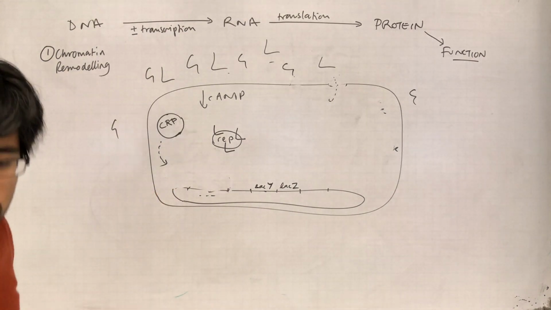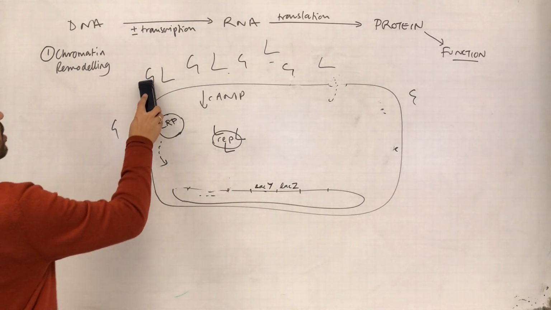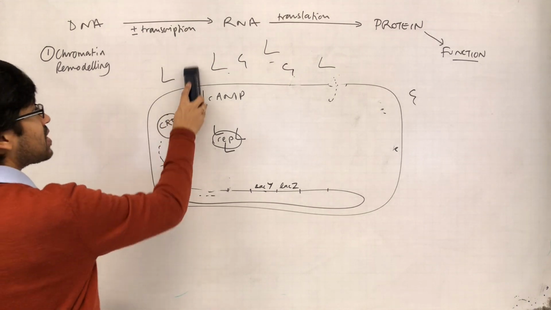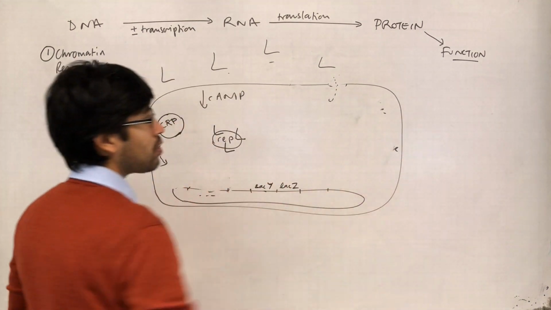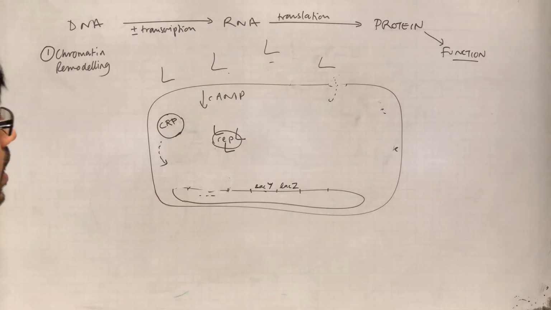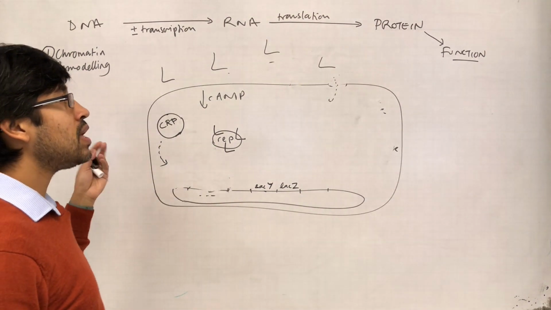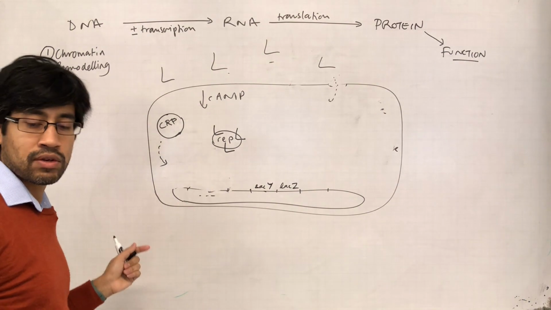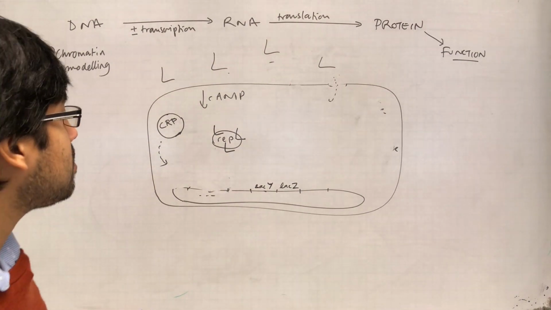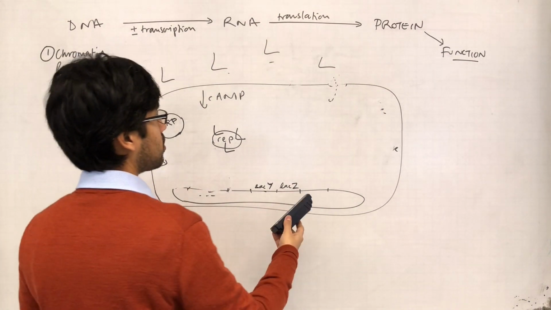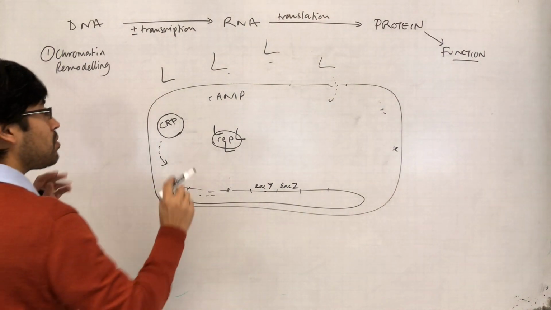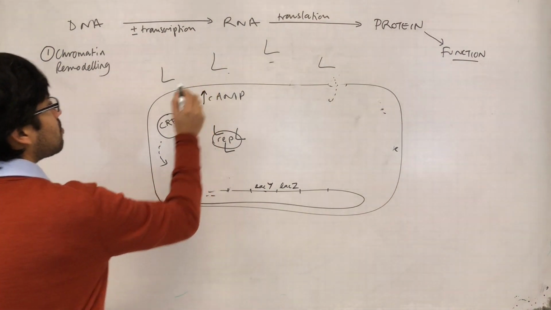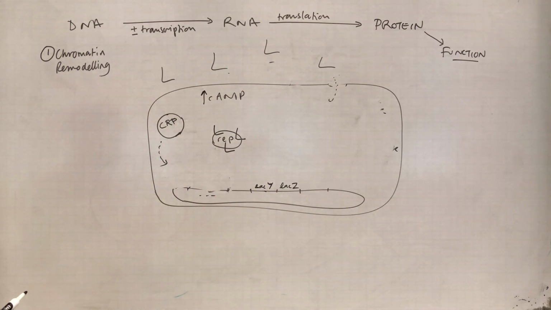Now, let's imagine the situation where glucose has become scarce. Glucose is no longer around, but lactose is. Only in this situation do we really need to express the lactose metabolism genes, the Lac Operon structural genes. When glucose isn't around, cyclic AMP levels begin to go up.